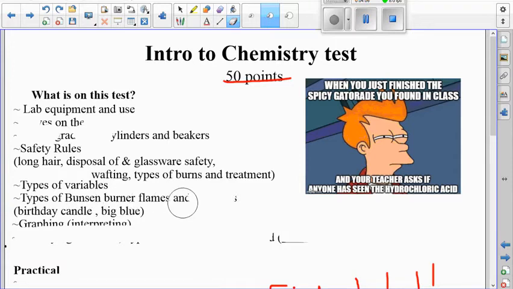Types of Bunsen burner flames and their solutions, okay? So maybe I'll give you a little example like, hey, you turn on your Bunsen burner and this happens, or this doesn't happen. What do you do next? Okay, and again, you'll have to explain in your own words. Mr. P, when I explain in my own words, what exactly do I have to do? You can use bullet points, you can use full sentences, you can have a little diagram and label it, okay, something like that.